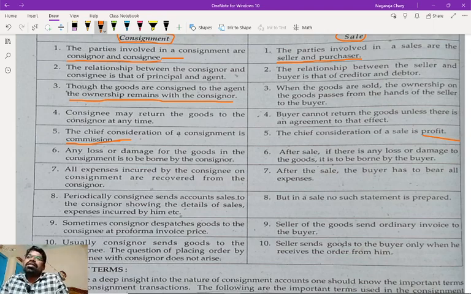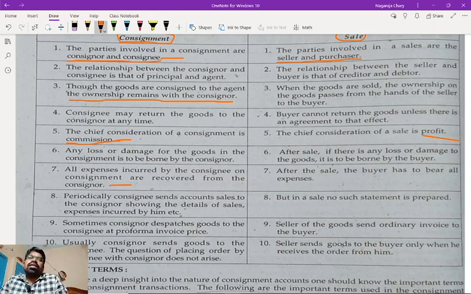Next, all expenses incurred by the consignee on the consignment are recovered from the consignor. So we discussed whatever expenditure there is during the consignment process, right from starting to ending, from one place to another place. It may be godown, transportation, inwards, outwards, imports, exports, whatever it is, the total expenditure in the consignment process is to be borne by the consignor only, right?